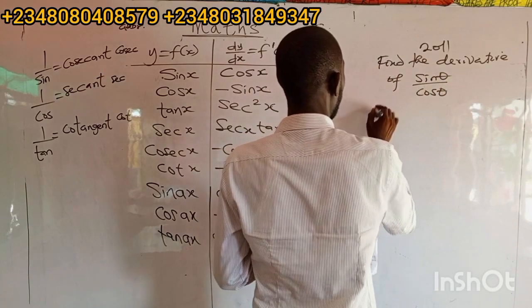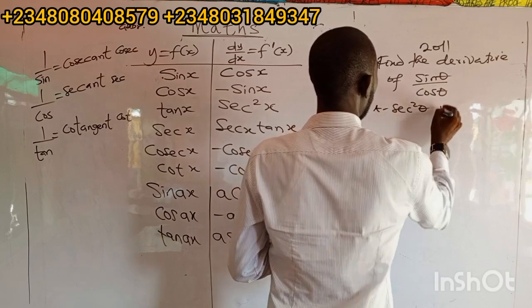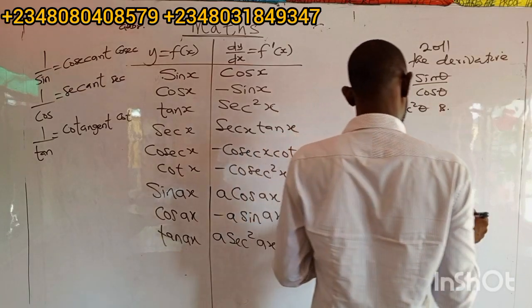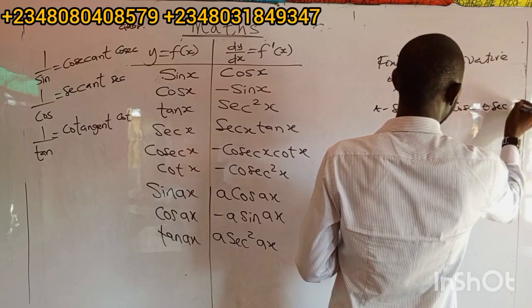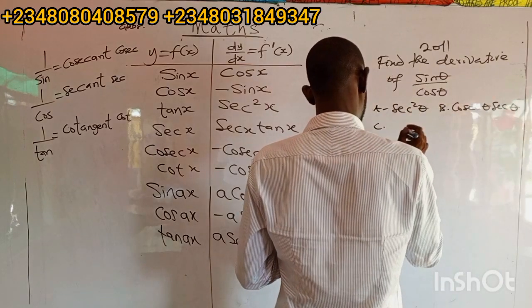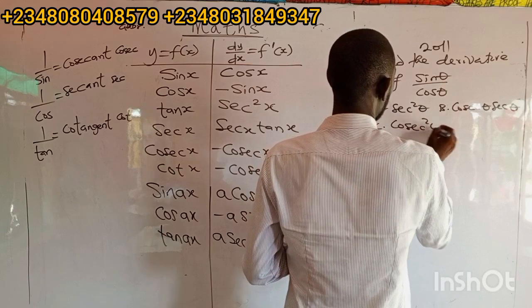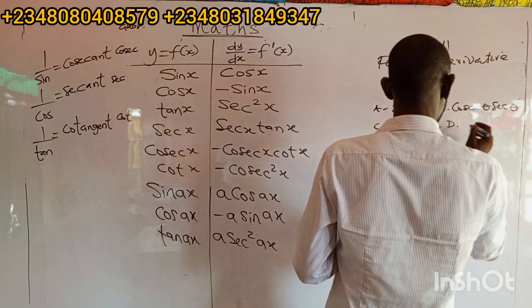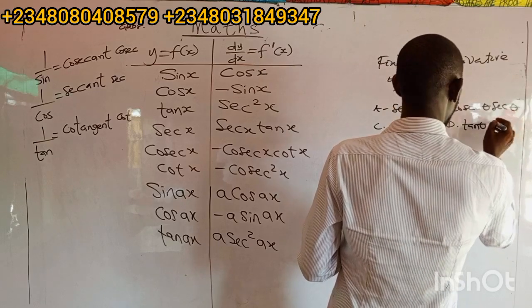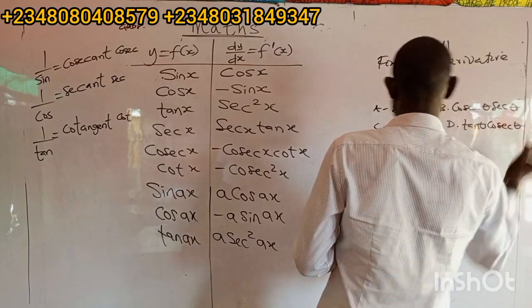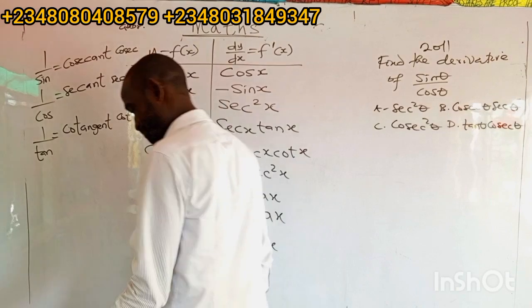The first option A, sec square theta. B, cosec theta sec theta. C, cosec square theta. D, tan theta cosec theta.